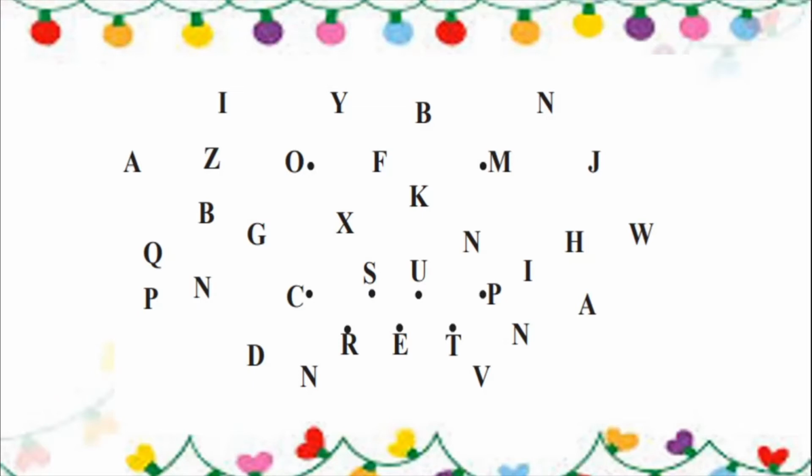So let us try to join the dots here and see what we are going to learn in this lesson for today. Come on, let's start with the C and let's go to the O. So you have CO. From O you will go to the letter M. So you have COM. From M let's proceed and let's go to P, and from P we will go to U. So I'm sure now you know where we are leading. We have the word compute now with us. So let us complete the word.